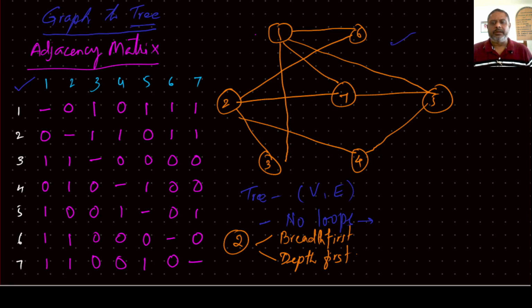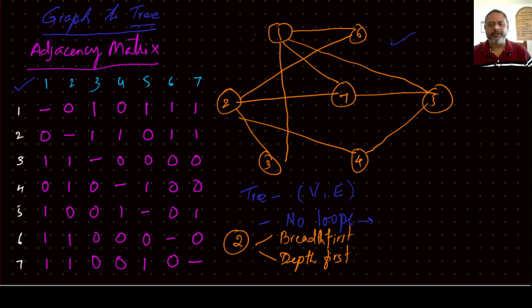So there is always a direct path from root down to the leaf. For a leaf, there will be only one connection, cannot be more than one connection to a leaf. If there is more than one connection, then there will be possibility of having a loop. So we look at how these two work.